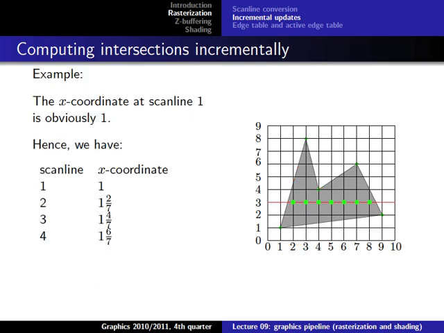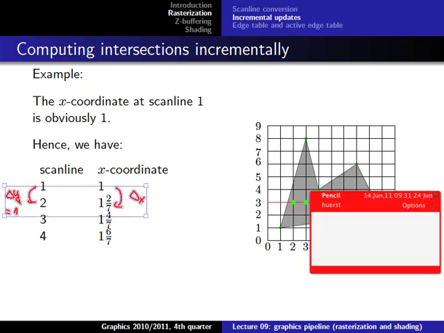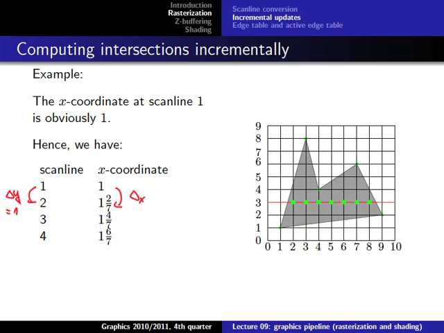So this is basically the idea of the scanline algorithm. This is an example of what I just said, but it's pretty straightforward. We have the scanline, so this is the delta y, which is always 1, and this is the delta x, which was 2/7.